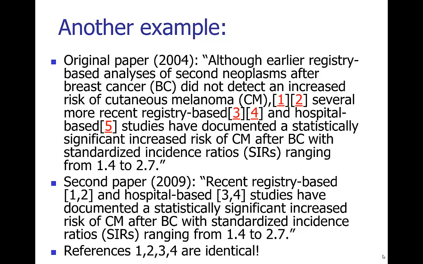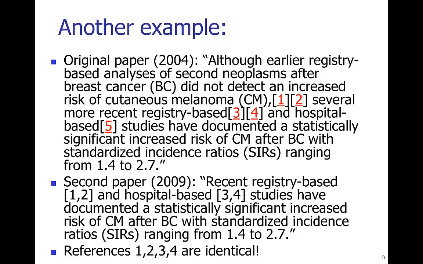Several recent registry-based and hospital-based studies have documented a statistically significant increased risk of melanoma after breast cancer with standardized incidence ratios ranging from 1.4 to 2.7. So it's an exact copy. And also references 1, 2, 3, and 4 are an exact copy. Interestingly, they didn't copy reference number 5 for whatever reason.